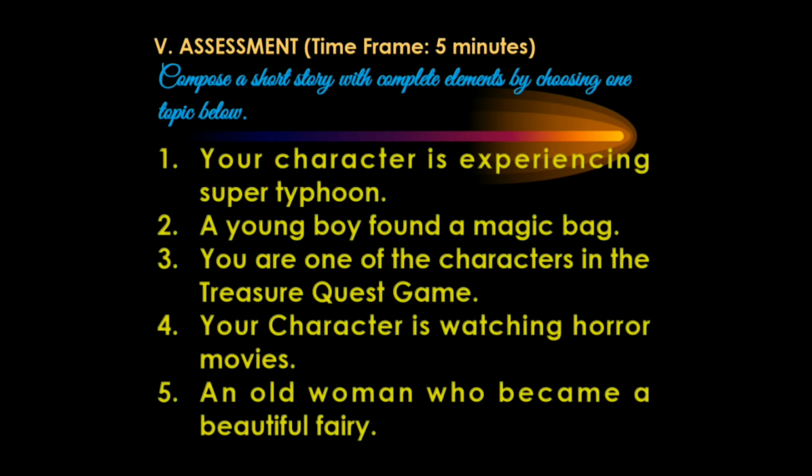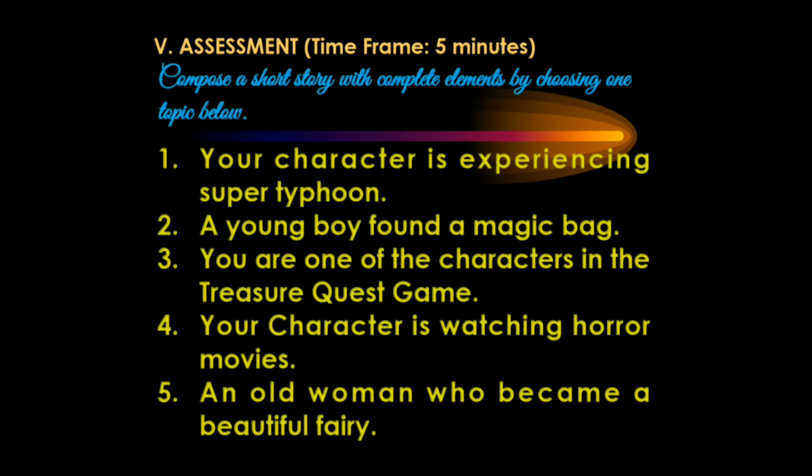For the assessment or the last part of our lesson, you're going to compose another short story with the complete elements by choosing one of the topics mentioned on the screen or flash on the screen.